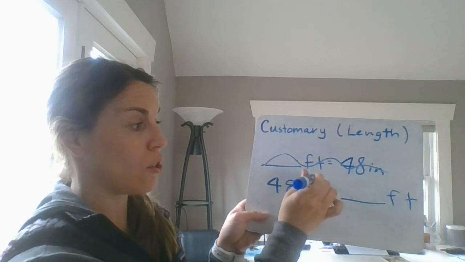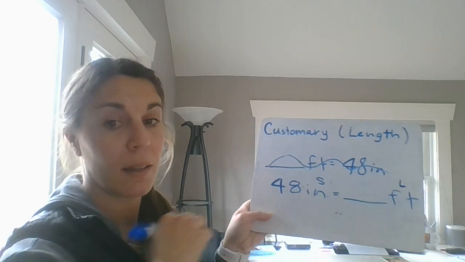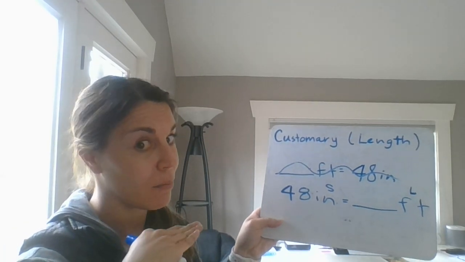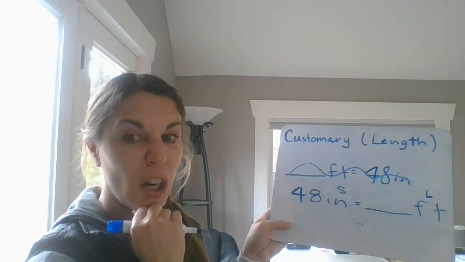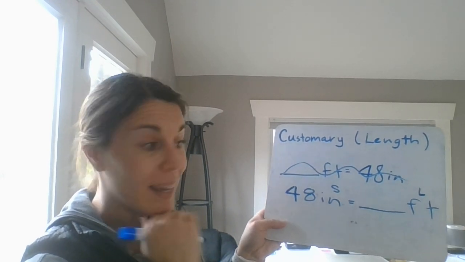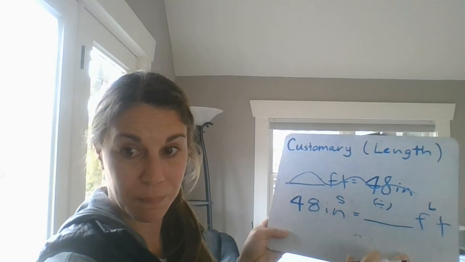Yes, inches are smaller than feet, so I'm going smaller to larger. Remember, we're going up. When you're going up, what operation? Yes, on this one I'd be dividing because it's not going to take as many.